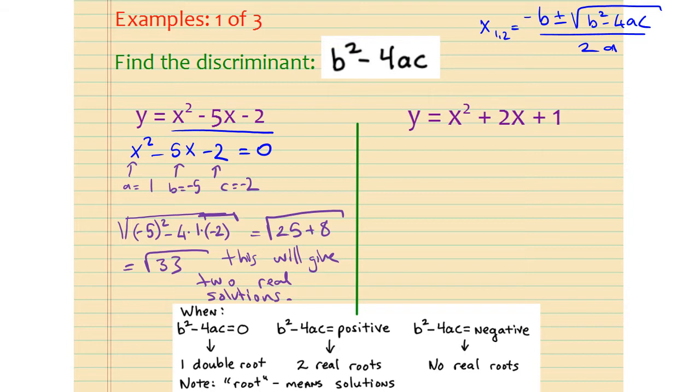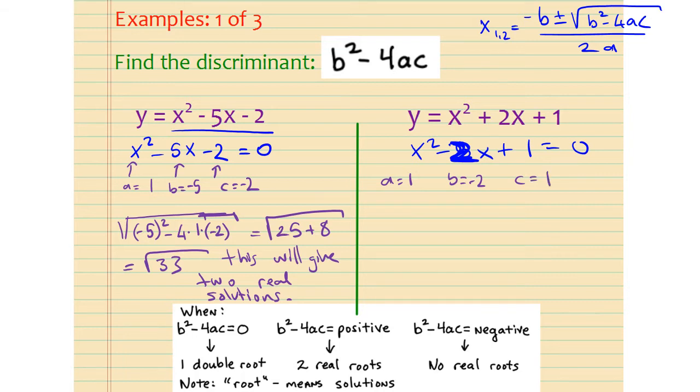Let's look at another example. We will write this as x squared minus 2x plus 1 equals 0. We will identify our a, b, and c. A is equal to 1, b is equal to negative 2, c is equal to 1.